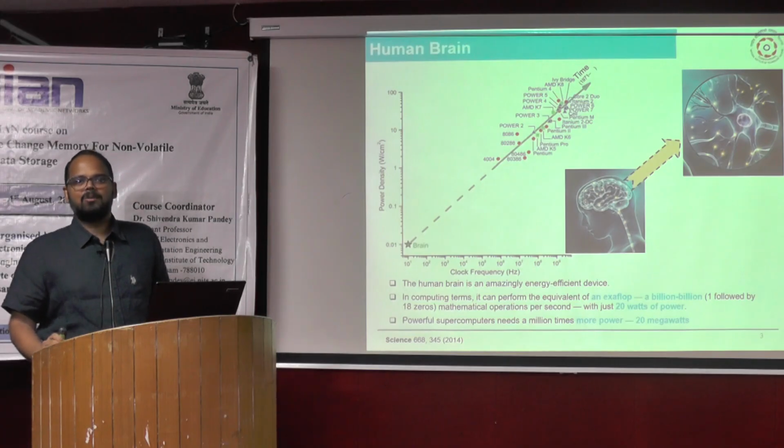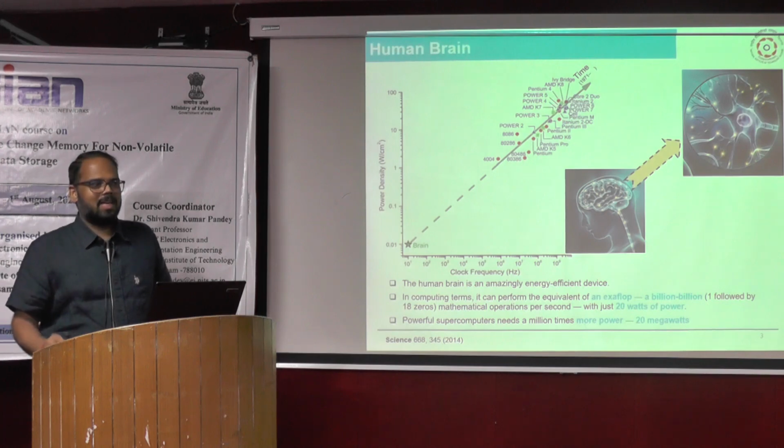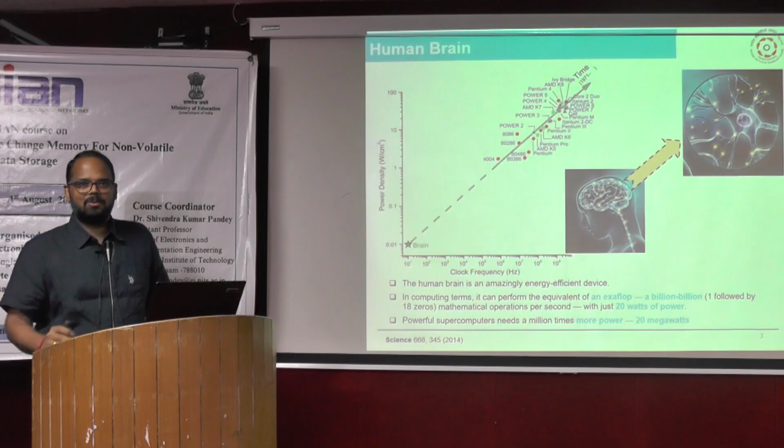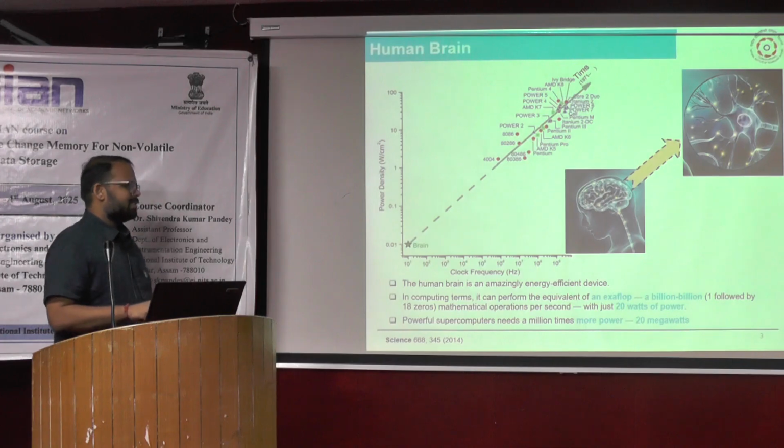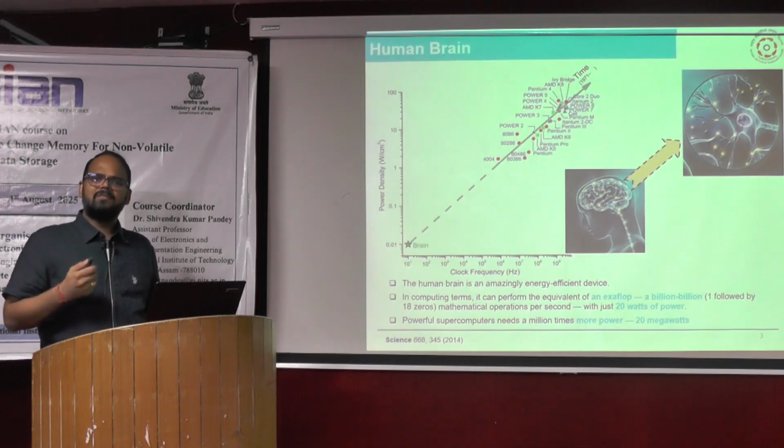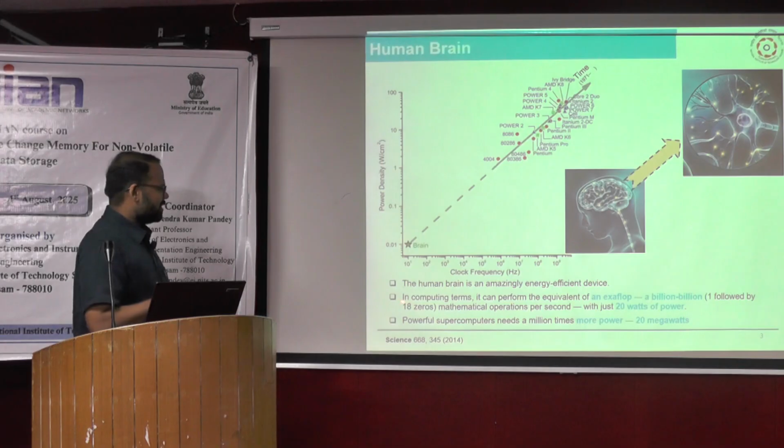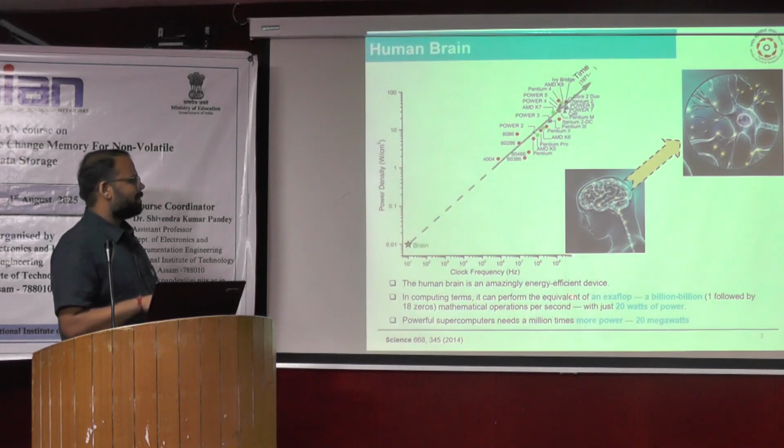If you are installing any supercomputer, you take 4th generation, 5th generation processors, and all those processors require a huge amount of power. But the human brain stores and processes in a very small power budget. In computing terms, it can perform the equivalent of an exaflop.